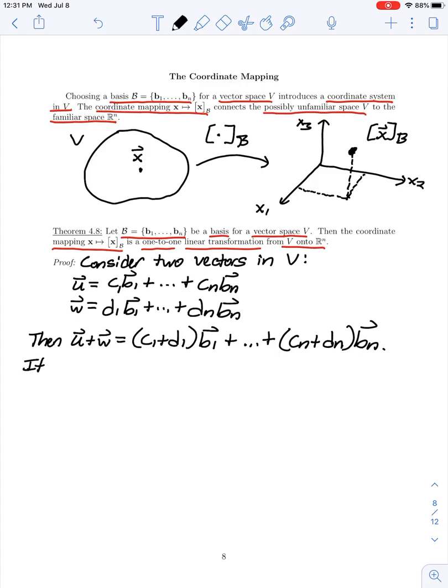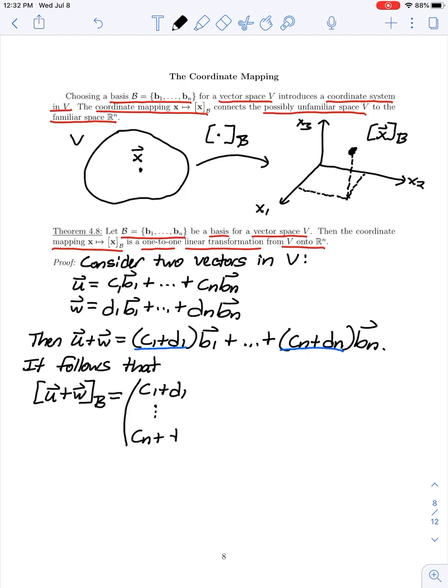So it follows that the coordinate vector of this sum, u plus w, relative to the basis B, would have entries given by these weights. Our first coordinate would be the sum of c1 and d1, up through our nth coordinate, cn plus dn. So we have c1 plus d1 up through cn plus dn as our associated vector in Rn.